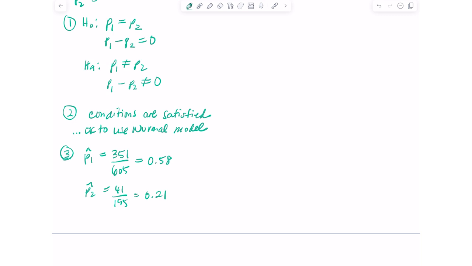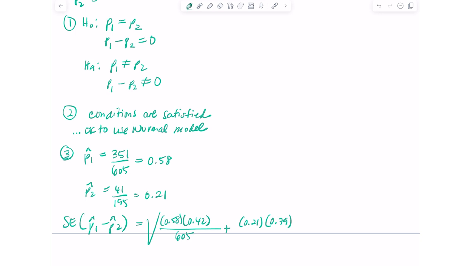I need to find the standard error of p hat 1 minus p hat 2. So remember, for that, I'm going to take my p hat 1, which was 58%, times 1 minus that, which is 0.42, and divide that by the total sample size for non-smokers, plus the proportion of smokers who think the tax should be raised times 1 minus that, which is 0.79.